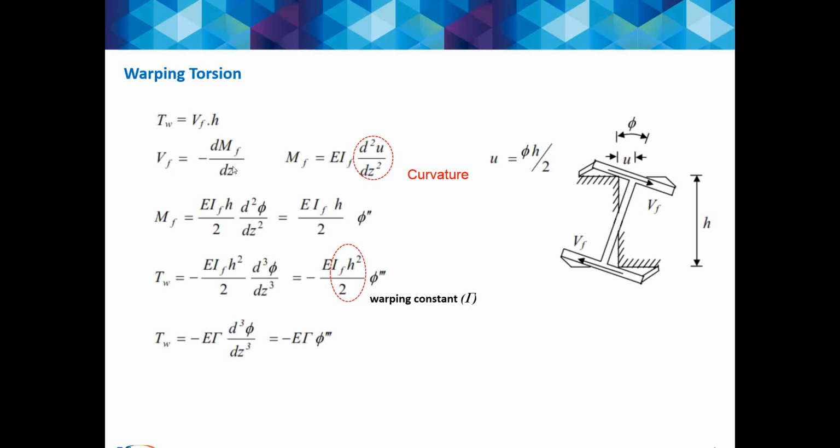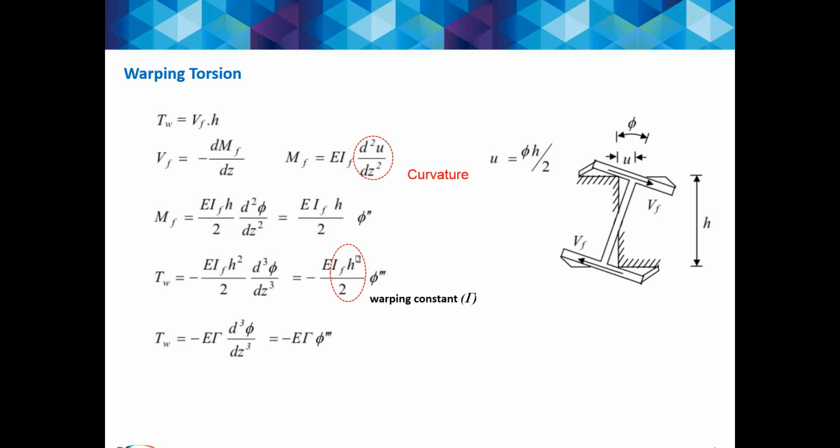And this shear force is the differentiation of the transverse moment of the top and bottom flanges in their longitudinal direction. And how this moment is obtained is from this formula. So finally, we can obtain the warping torsion moment.